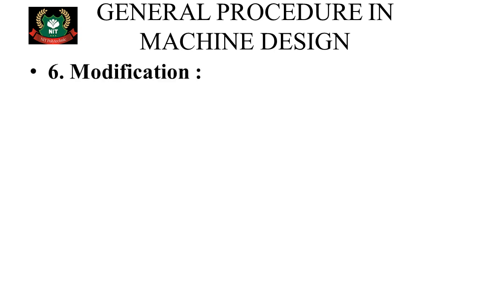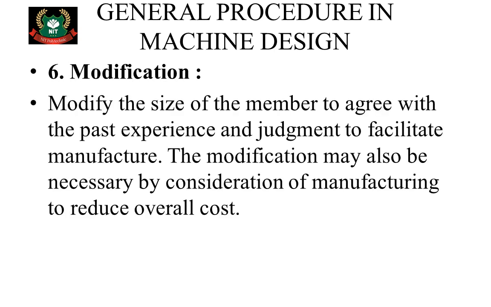Now, the sixth step in machine design is modification. Why is there a need for modification? Because in the previous slide we found the diameter of the punch, but if the punch fails because of shear stress or crushing stress, there is a need for modification.